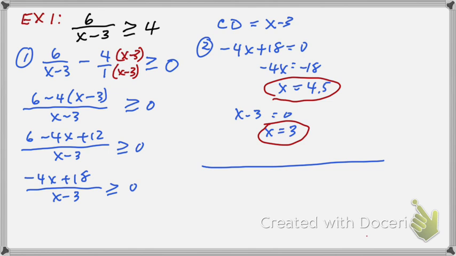No. Because if it equaled 3, that denominator x minus 3 would be 0. So I've got to write myself a note. X cannot be 3. We good now?